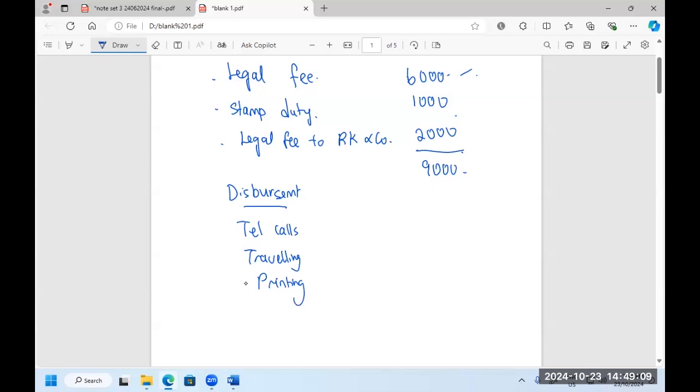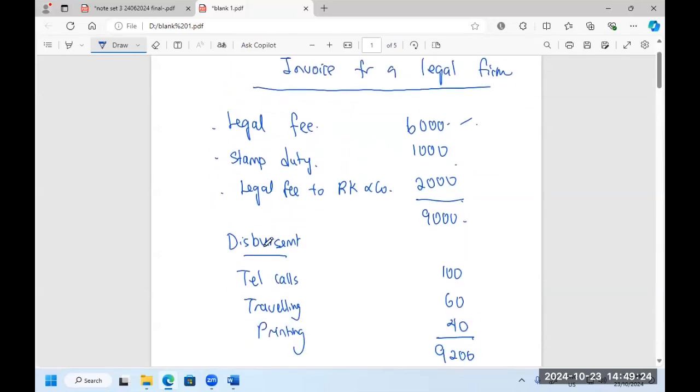Let's say telephone calls is 100. Traveling is 60. Printing is 40. So 9,200. In this invoice, which part of it will attract service tax?